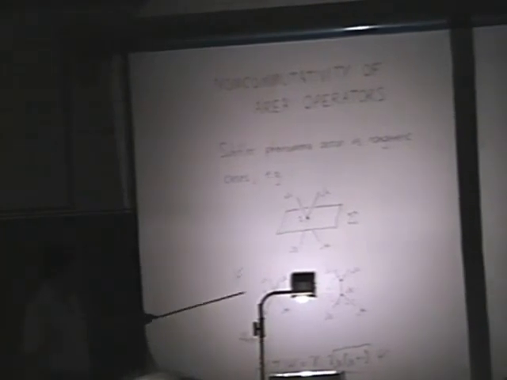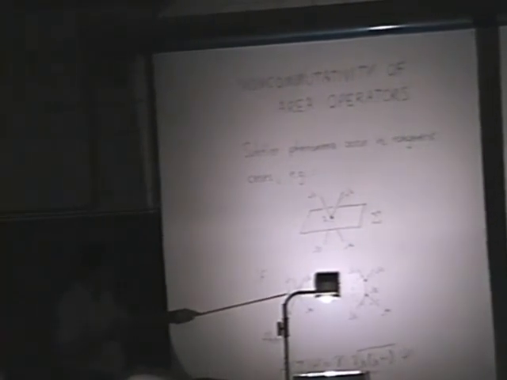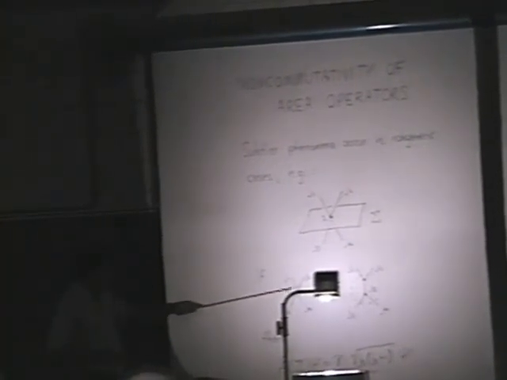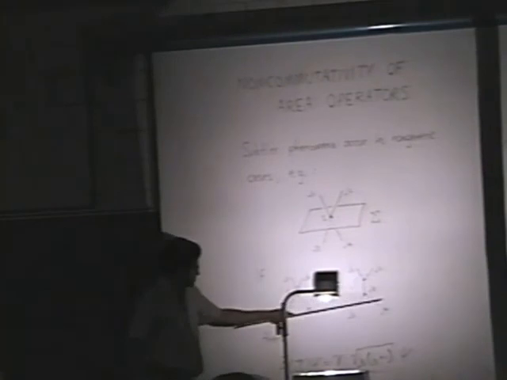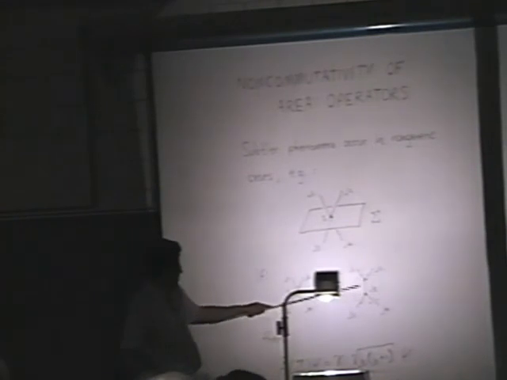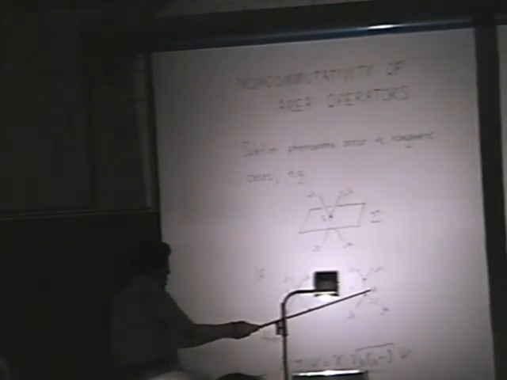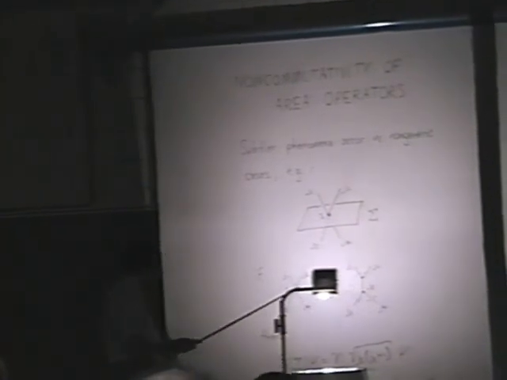I described last time a recipe for describing these intertwiners, and the way you can do it is you just draw an imaginary little circle around that vertex and imagine expanding it out into a trivalent tree, like this, for example. Here we really want to do it like this, not the other possible way. And choices of spins J5, that is irreducible representations of SU(2), will determine intertwining operators.